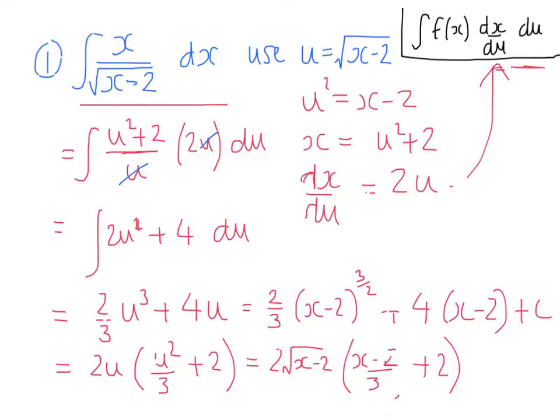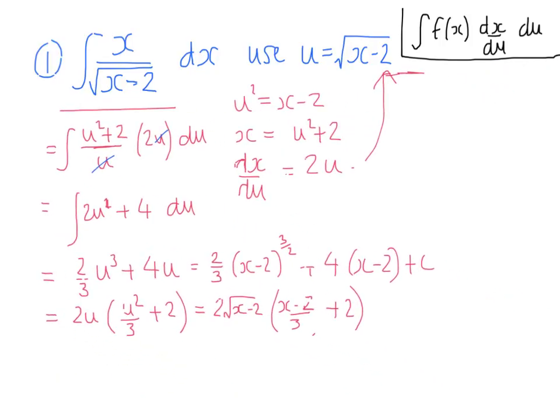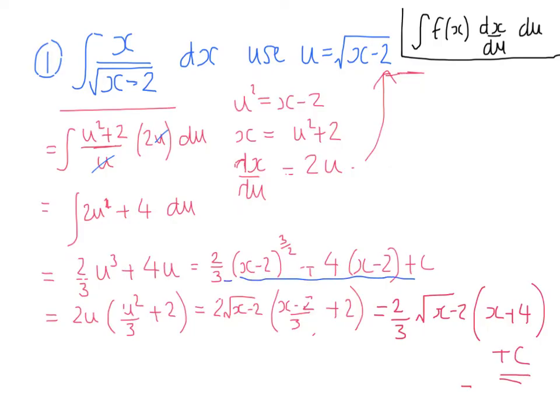That is 2/3 of the square root of x minus 2, taking out the third, so I've just got x minus 2 here, and then plus 6, so that's then multiplied by x plus 4, plus c, of course. So this answer is okay. This answer is, I think, a little bit better. Okay, let's try another example.